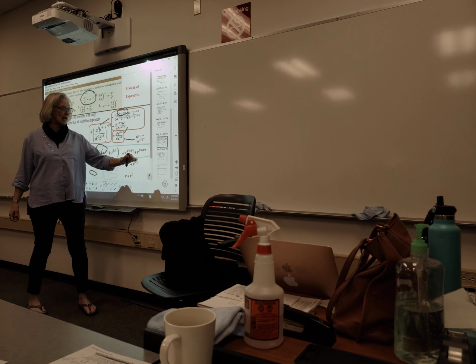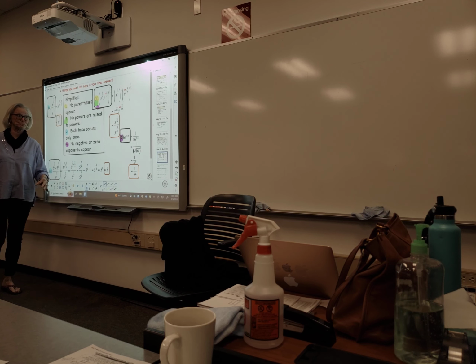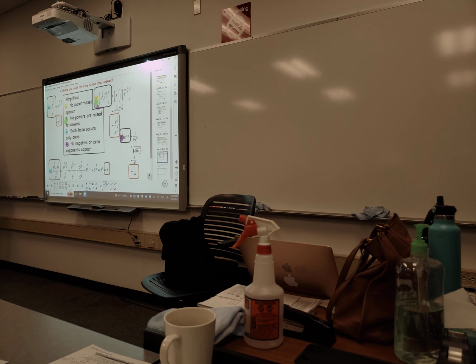Okay, last slide. 4 things you have to remember for your final answer. You want to highlight these. No parentheses in a final answer. No powers are raised to powers, and each base occurs only once, and no negative or 0 exponents appear.